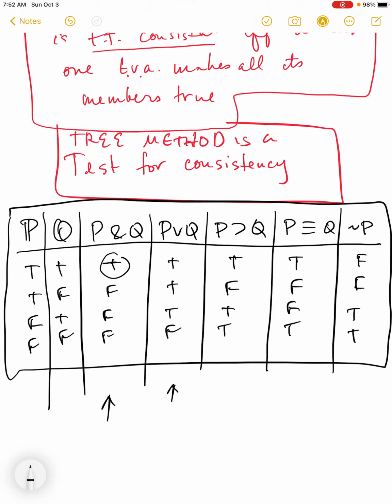Because when we construct a tree for a set of sentences in SL, we are in a sense displaying the conditions under which sentences are true. So I'm thinking in a slightly different way about how a truth value assignment can make a sentence of SL true.